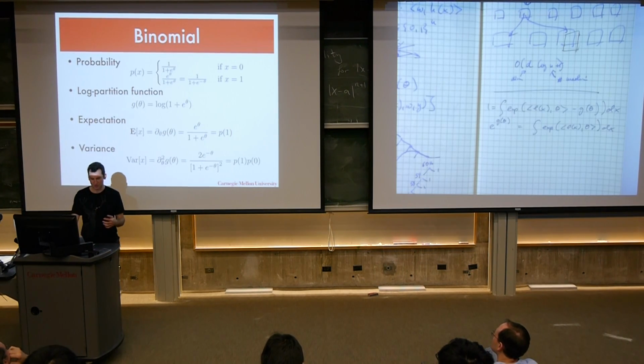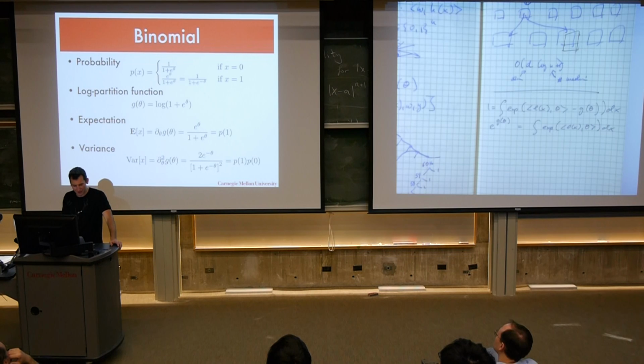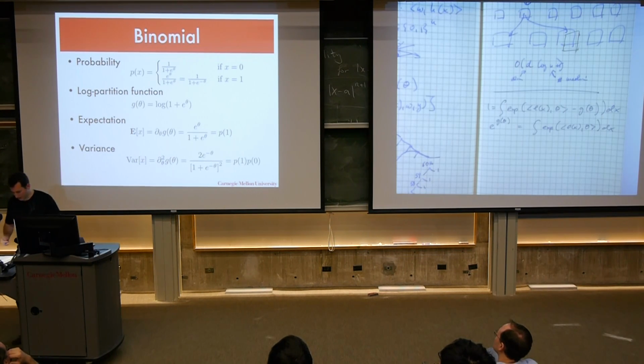Let's take a binomial distribution. So I'm picking phi of x is x, and in this case, I get that p of x is 1 over 1 plus e to the theta if x equals 0, and e to the theta divided by 1 plus e to the theta if x equals 1. So you can see that very easily.